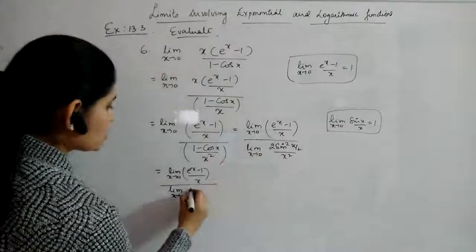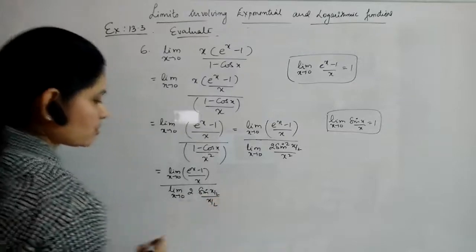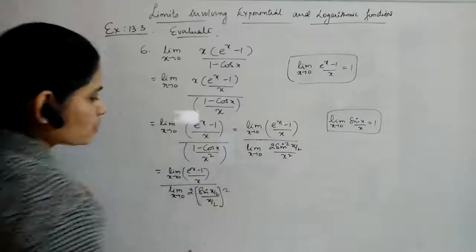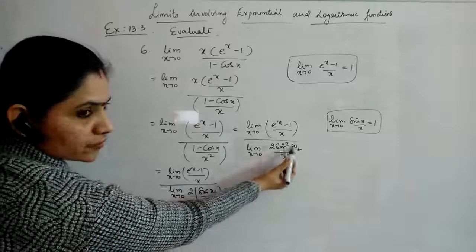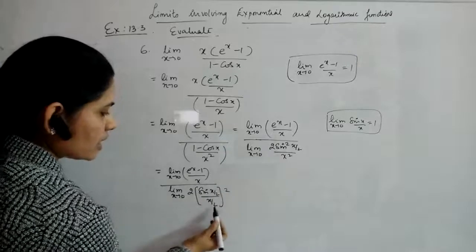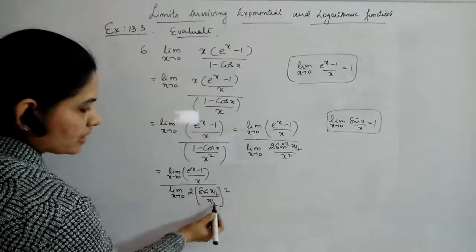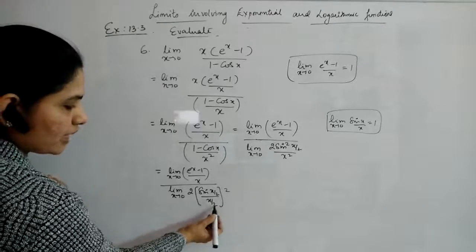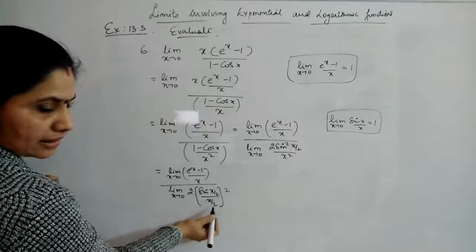So this can be written as 2 is here. This is (sine x by 2 by x by 2) the whole square. So what is extra here? We have to check. This is sine square x by 2, this term. Now x is having a power of 2, so this is x square. So what we have given here, x by 2, means the whole square, means it is 4. In the denominator of x we have substituted 4 here in order to make it the same angle in the denominator also.